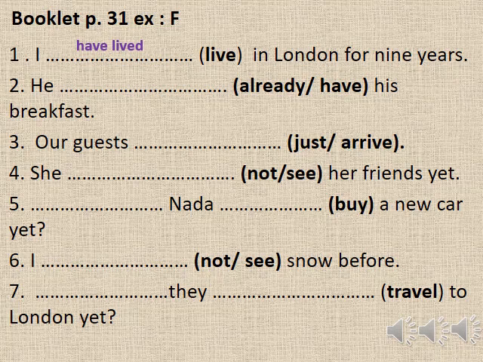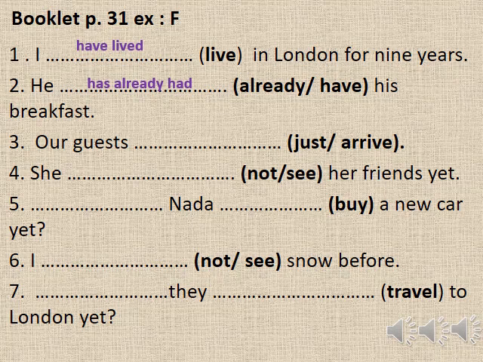You're going to check page 107 for the irregular verbs to check the past participle. So when you open page 107, you're going to find the past participle of the verb have is had. So the answer will be, he has already had his breakfast.